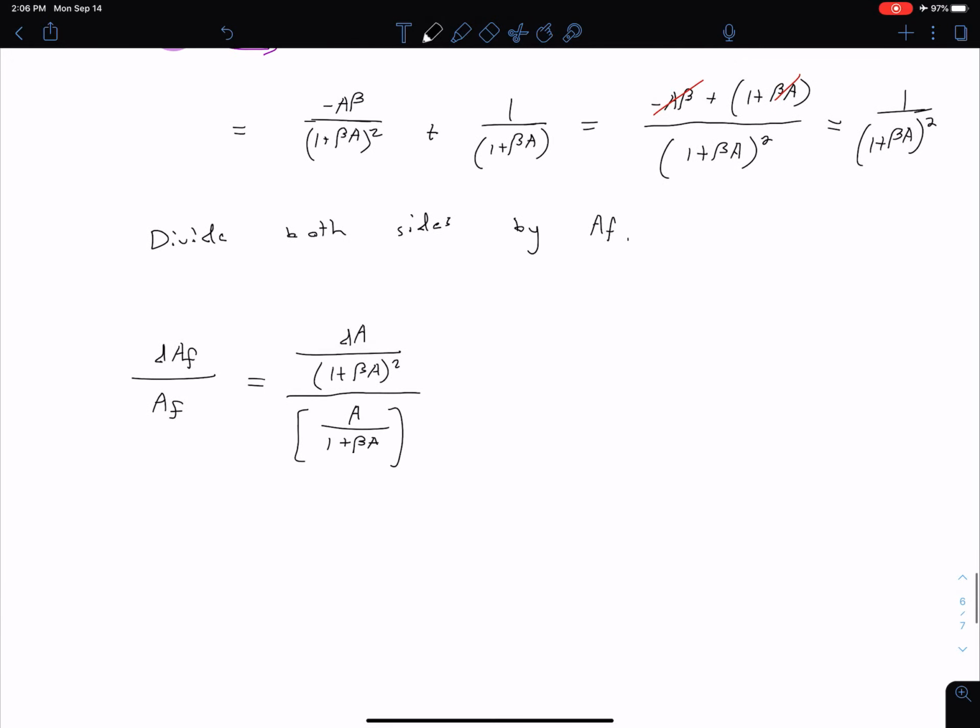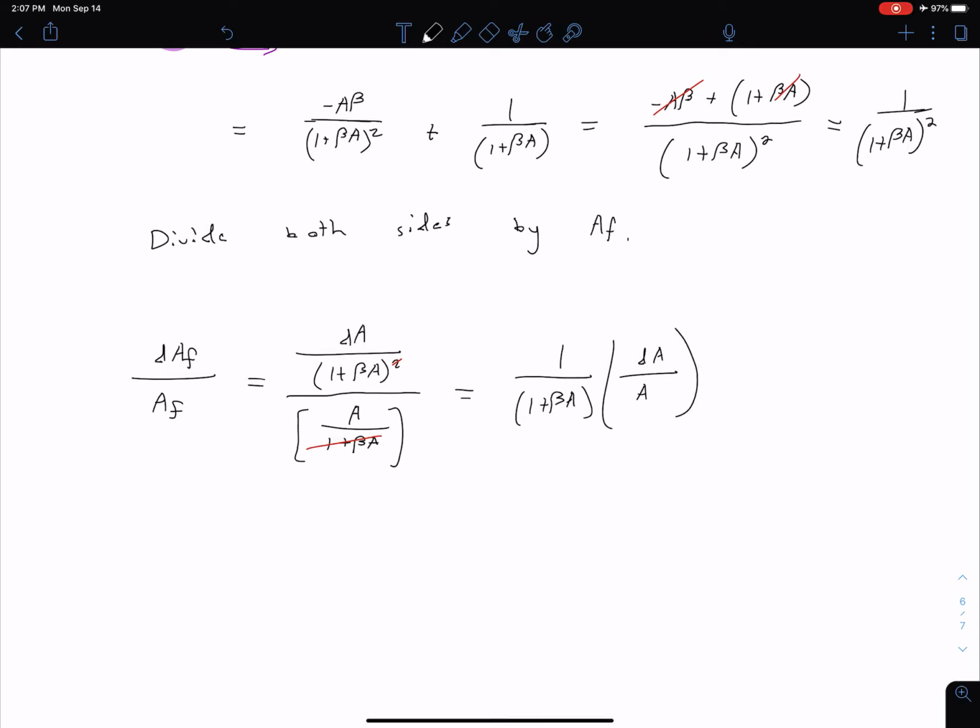From this, we can see that this 1 plus beta A in the denominator is going to cancel out with one of our 1 plus beta A's up here. So this is then going to simplify to 1 divided by 1 plus beta A times dA divided by A.